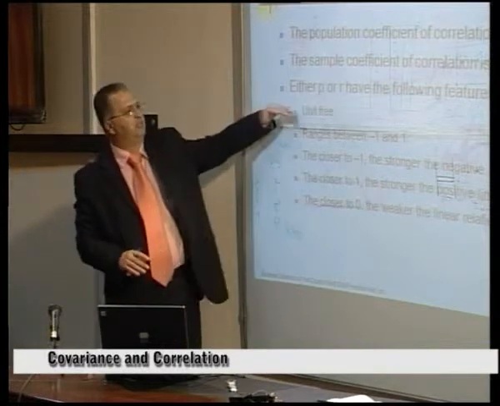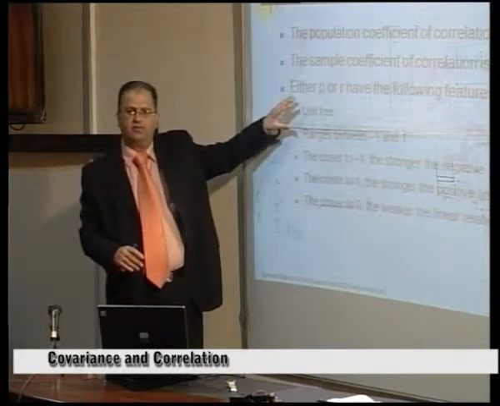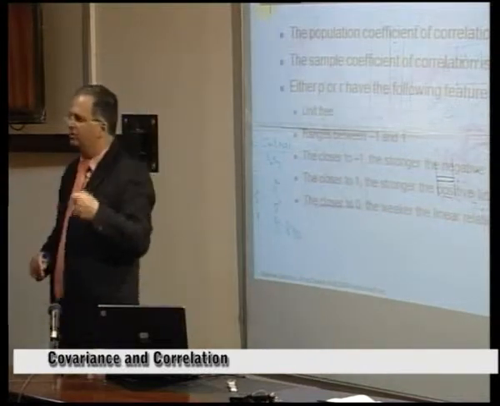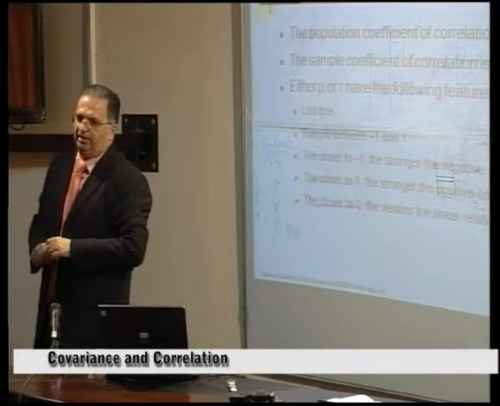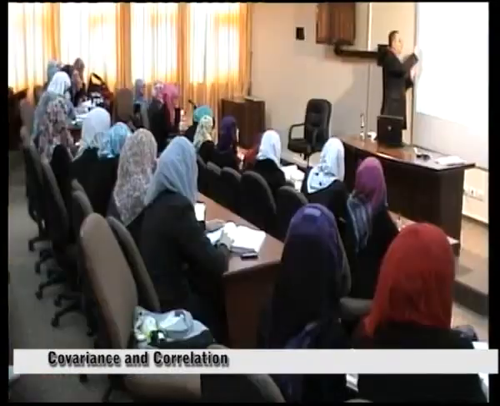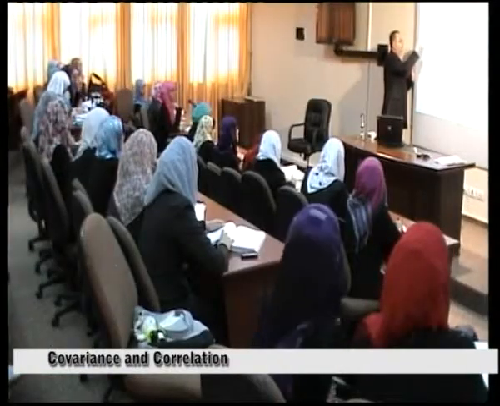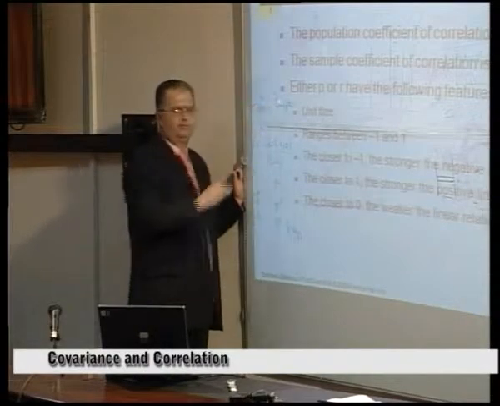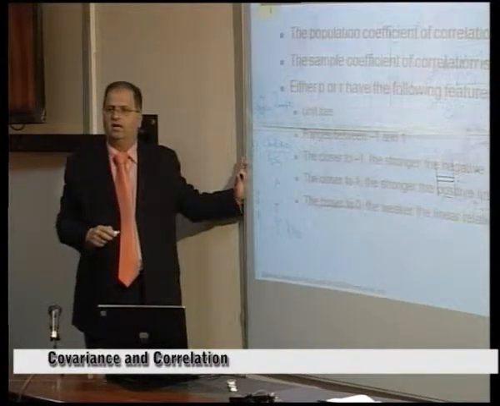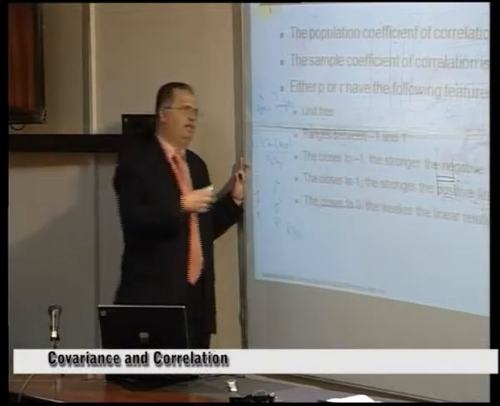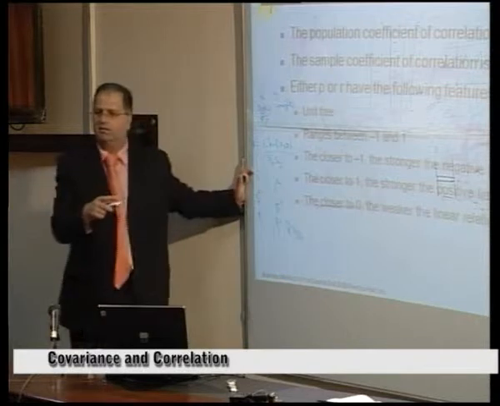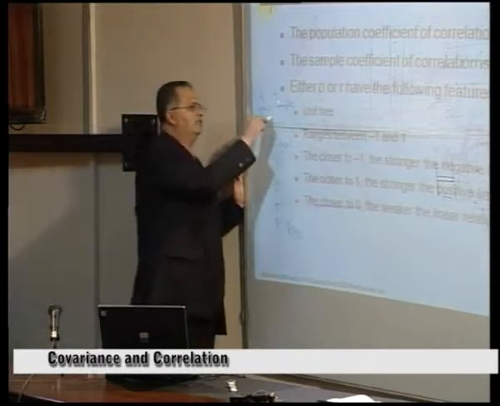There are some features of r or rho. The first one is that it is unit free. R or rho is unit free. That means if x represents, and let's assume that the correlation between x and y equals 0.75, in this case there is no unit.